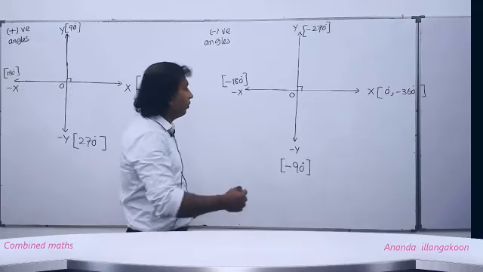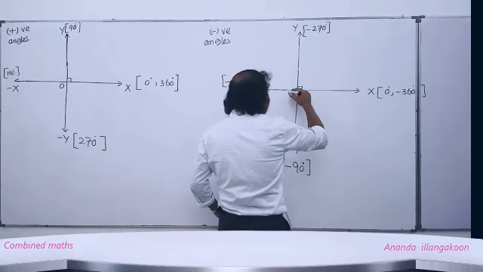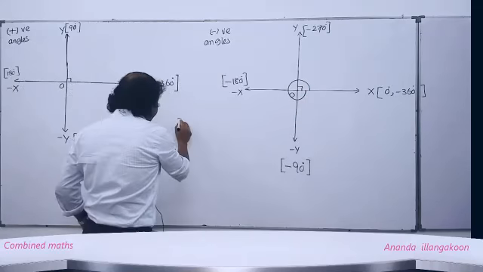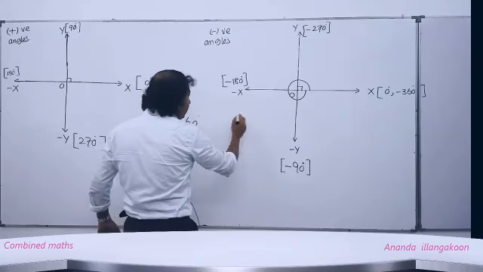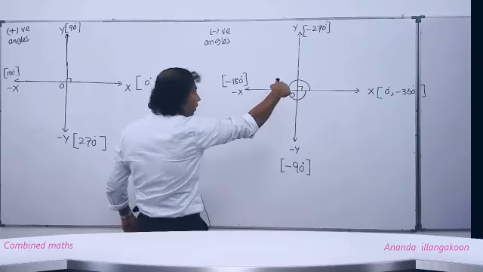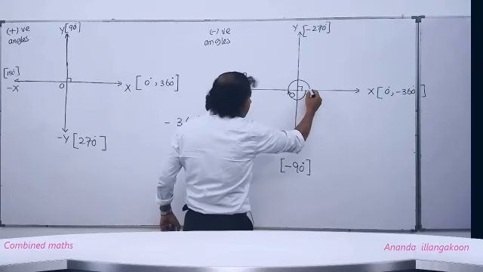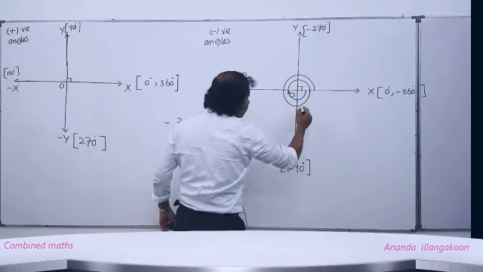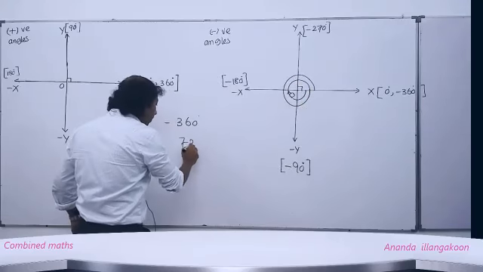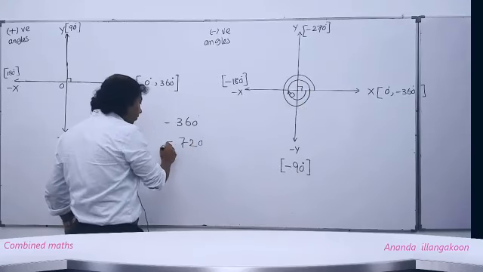Now suppose here, first the angle when it completes one round is 360. Since this rotation takes place in the clockwise sense, minus. Second round it completes 720, minus.